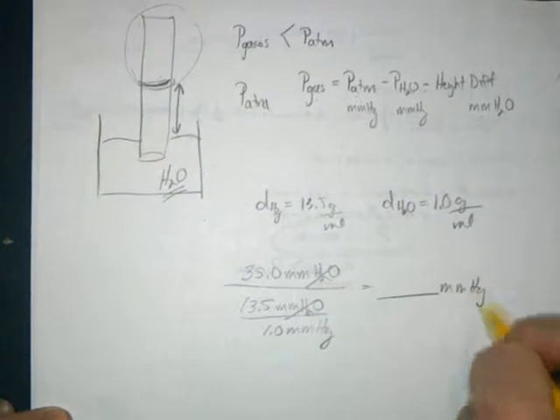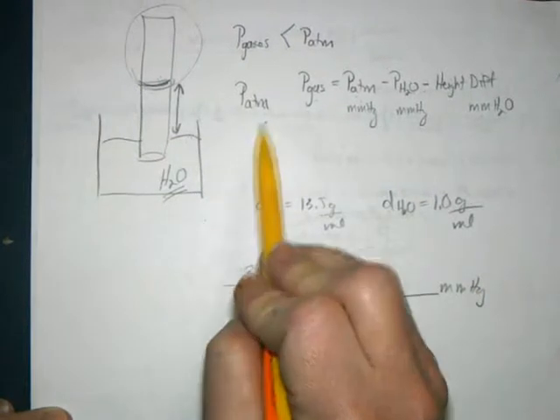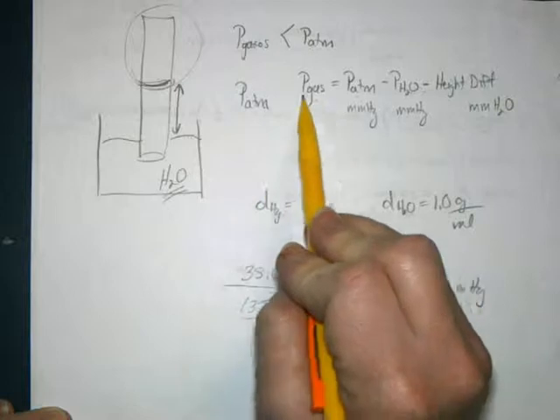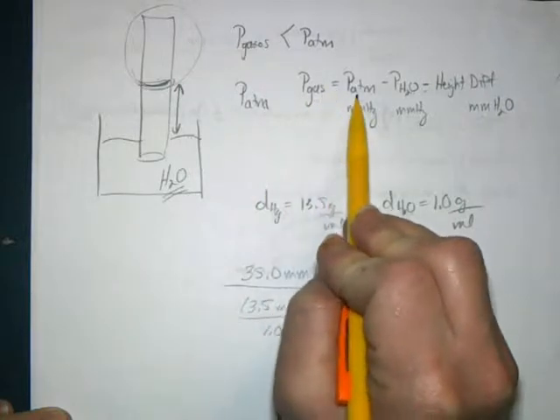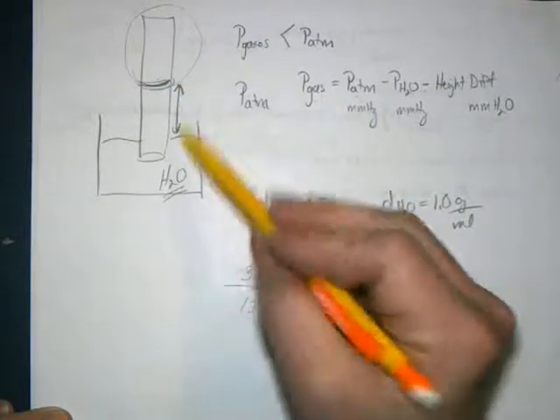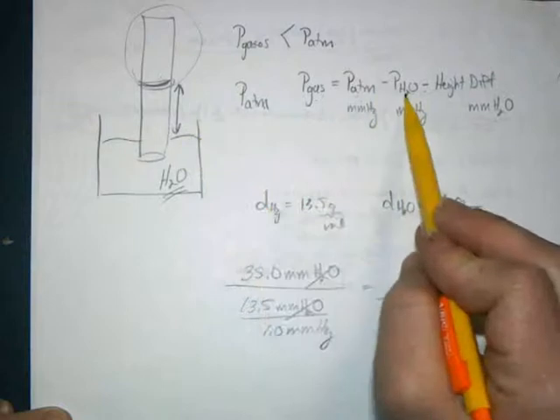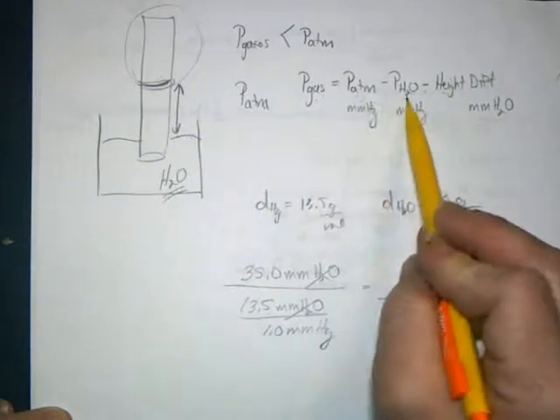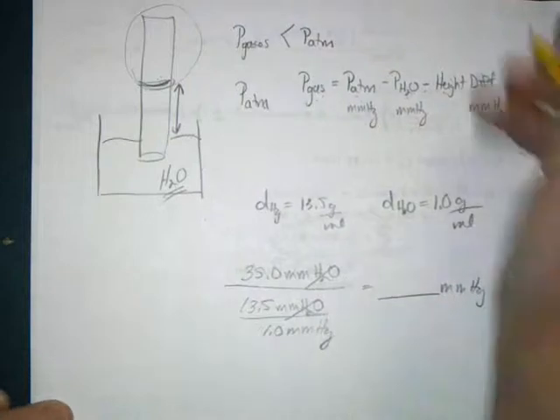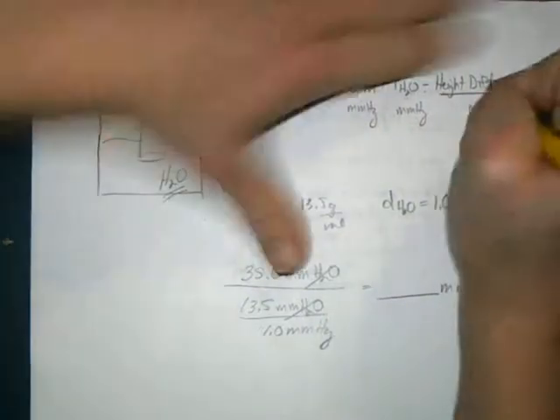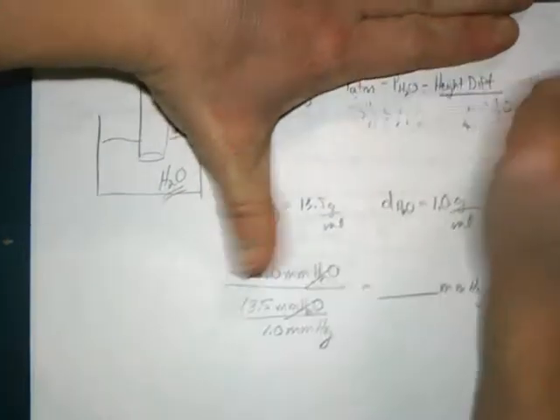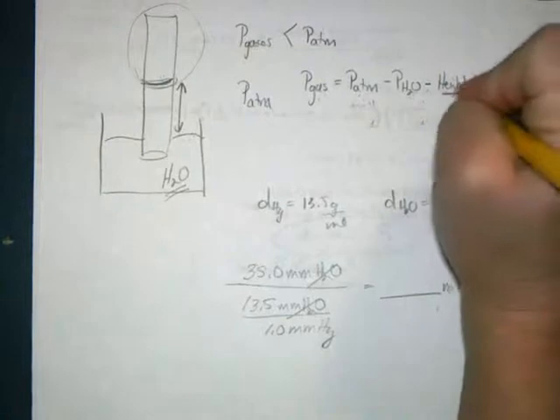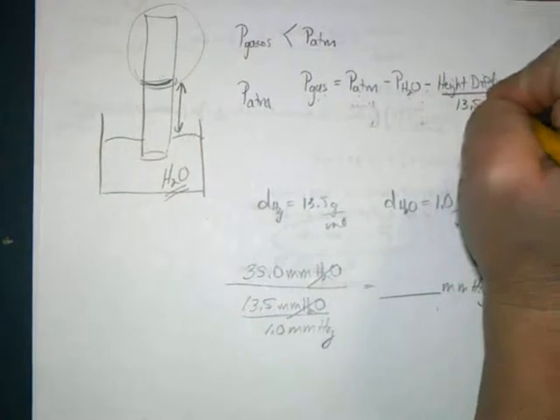So, whenever we're over water, to get the pressure of the gas, we'll get the pressure of the atmosphere. Here, because our liquid level is higher than outside, we'll subtract the height difference, and we always subtract away the partial pressure of water. However, we're going to need to divide this by 13.5 to get our units to cooperate.